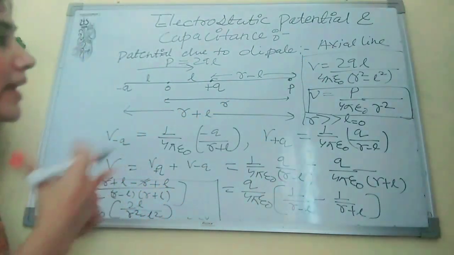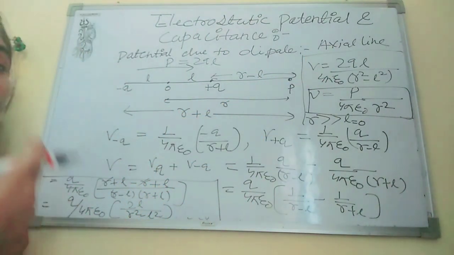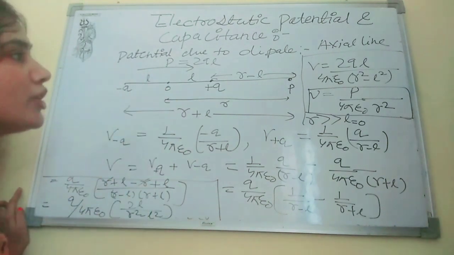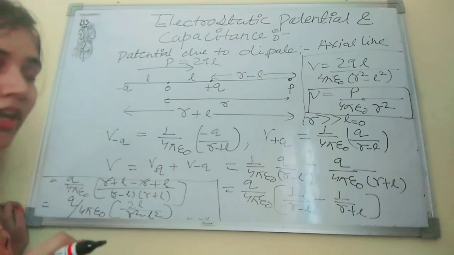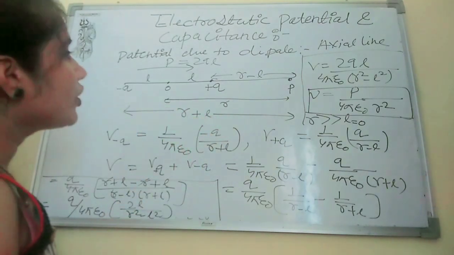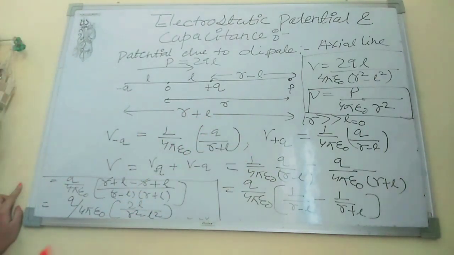Now for the second case we will find the potential due to dipole at any point. Just take a screenshot or note down, then I will discuss the second case and we will derive the potential due to dipole when it is placed at any point.